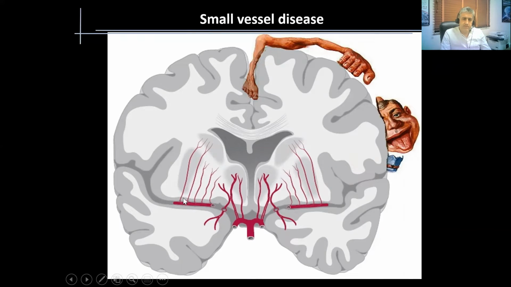So you see that these are perpendicular arterioles which go through the brain parenchyma and reach the deeper areas of the brain, the periventricular spaces, and this is where they supply blood to these areas.